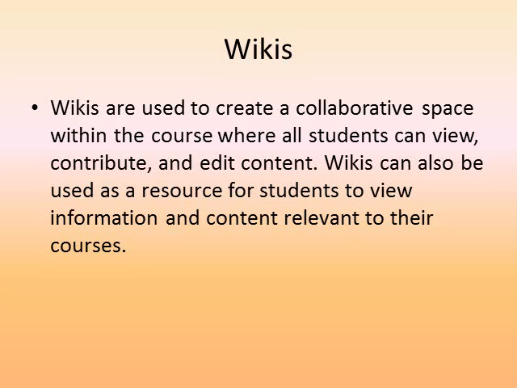Wikis are used to create a collaborative space within the course where all students can view, contribute, and edit content. Wikis can also be used as a resource for students to view information and content relevant to their course.